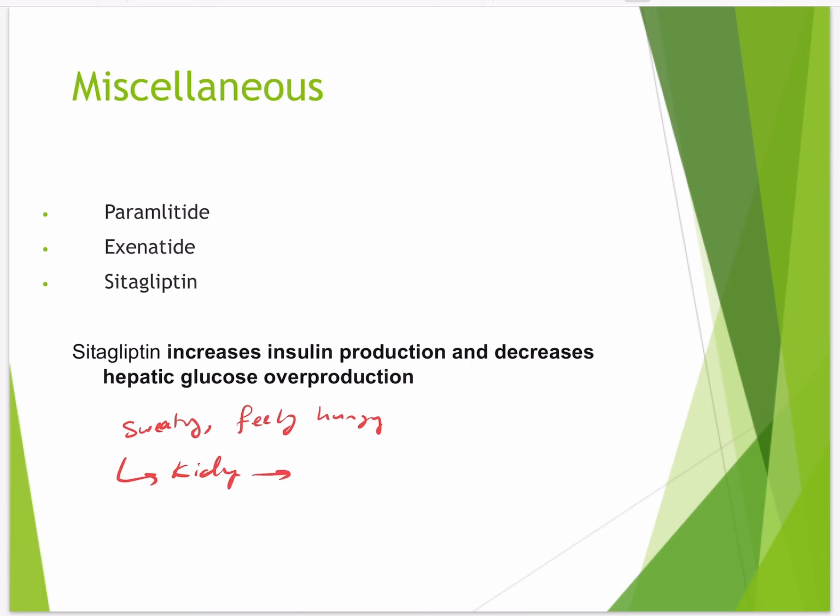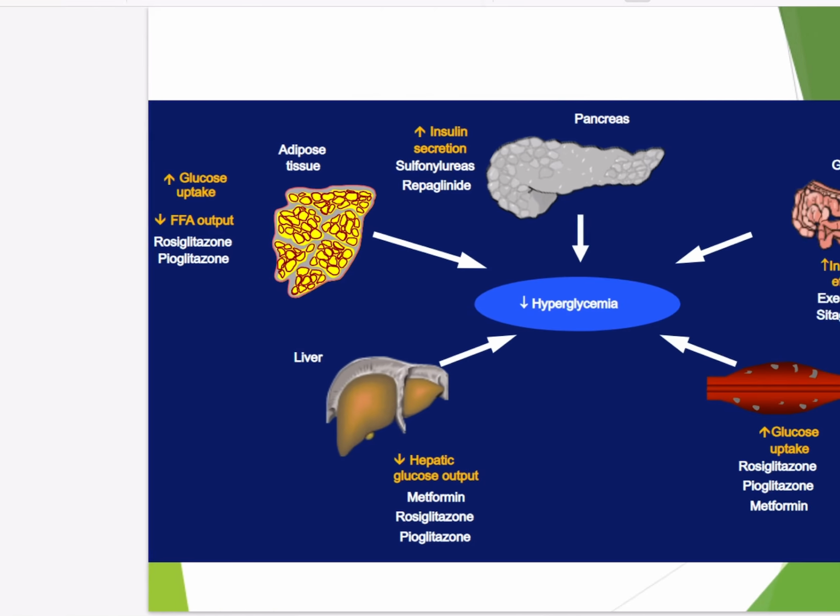If the patient has kidney disease, we don't recommend this drug because it has a serious side effect on the kidney. As I mentioned, it helps with the control of blood glucose in type 2 diabetes.